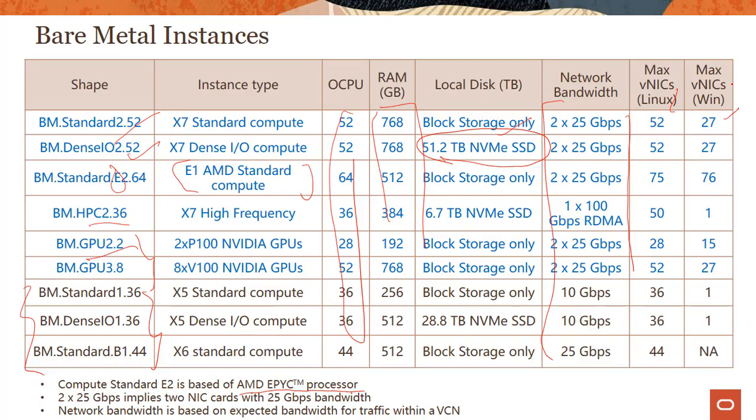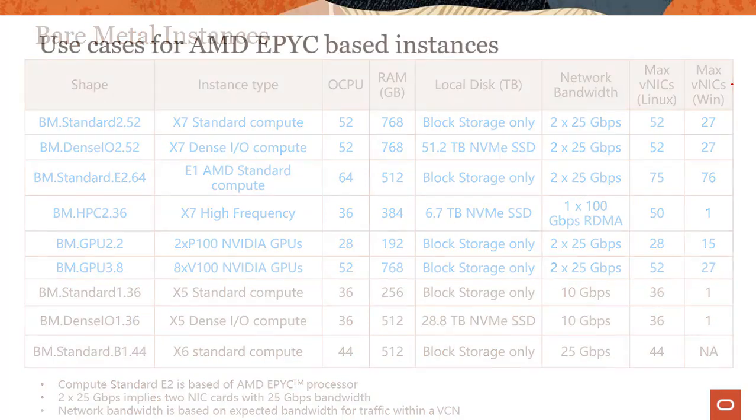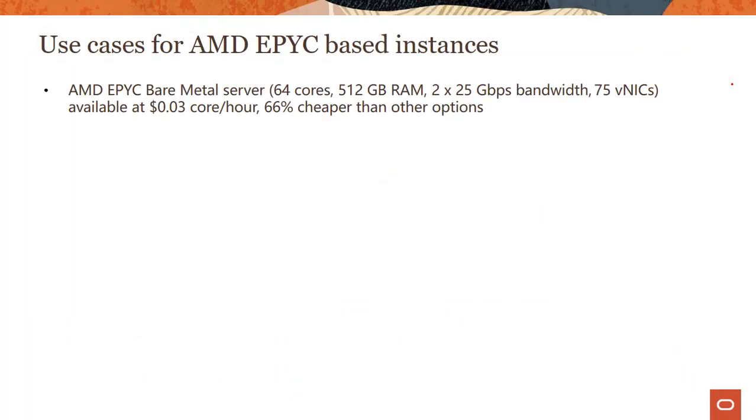In the case of Oracle, an OCPU provides CPU capacity equivalent to one physical core of a processor with hyperthreading enabled. Again, let me repeat, an OCPU provides CPU capacity equivalent to one physical core of a processor with hyperthreading enabled. And again, you can go and check this and get more details in the documentation.